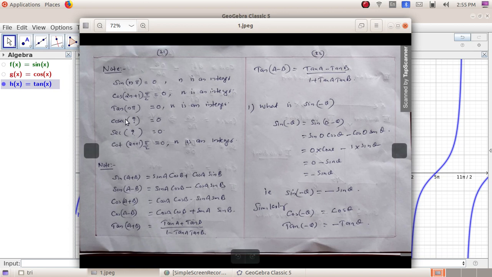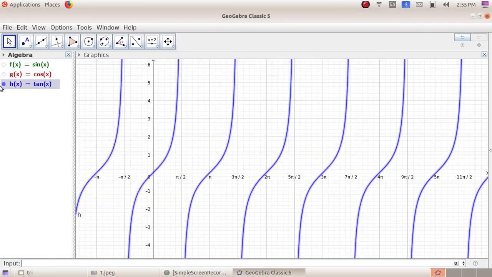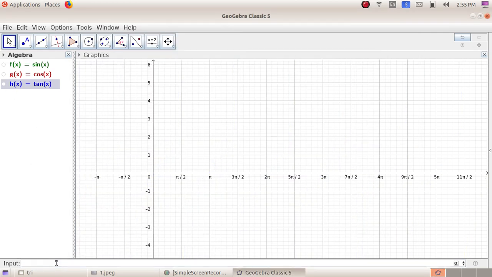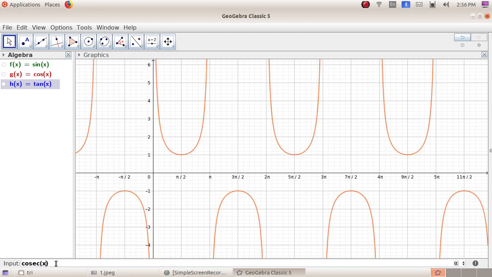Right. Then what about cosec theta or cosec x? Let us type here cosec x. This is the graph of cosec x. Here it is 0, so the graph doesn't touch the x-axis. This means cosec x has no value corresponding to 0, isn't it?